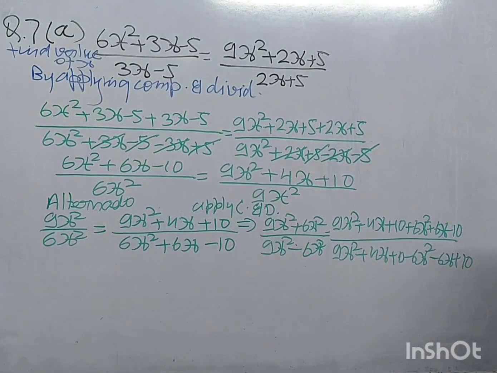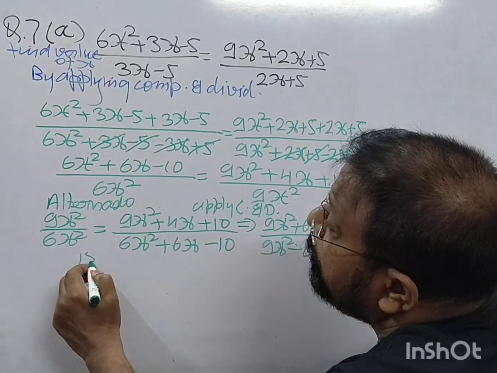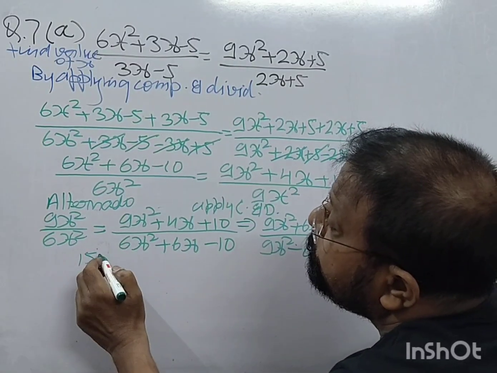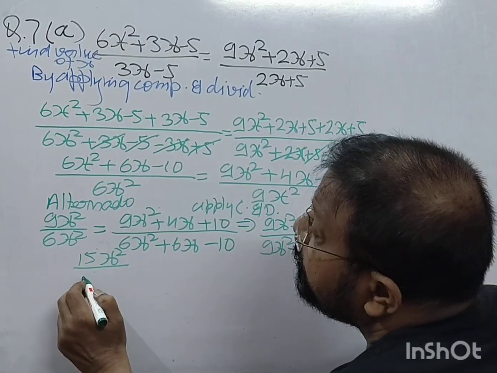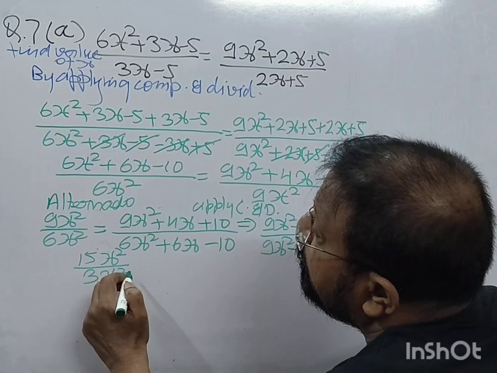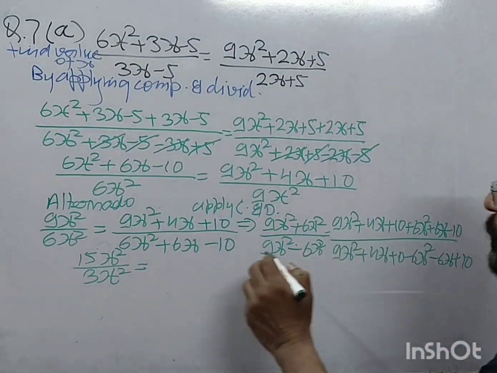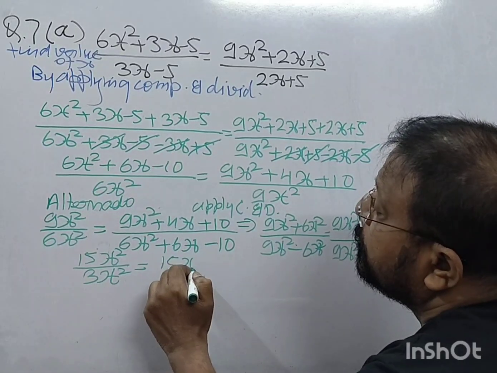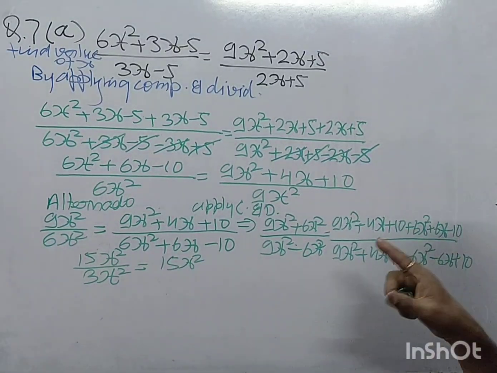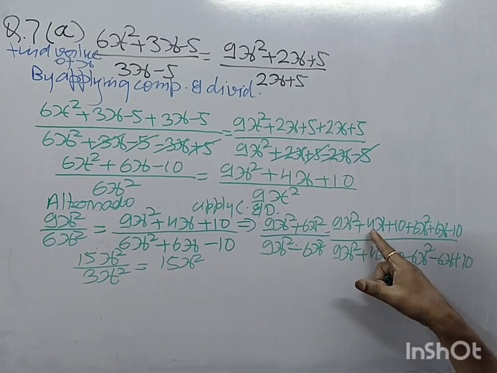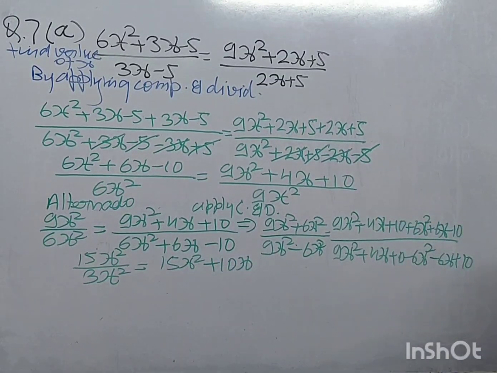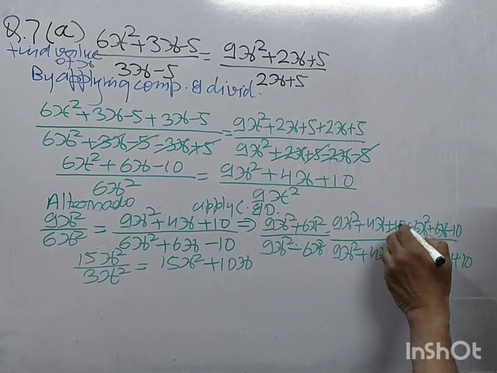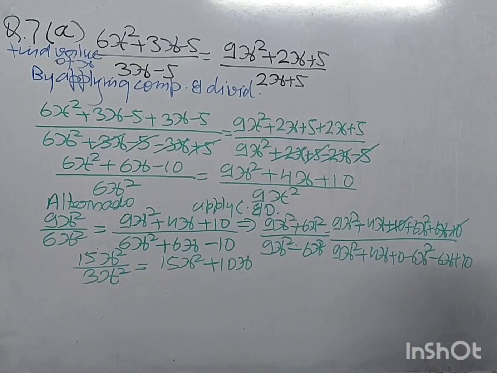Okay, you reached up to here. Now what we can write here, sorry, 15x² upon 3x². It is equal to 15x² plus 10x, as 4x plus 6x becomes 10x, and the plus 10 and minus 10 are cancelled out, right?